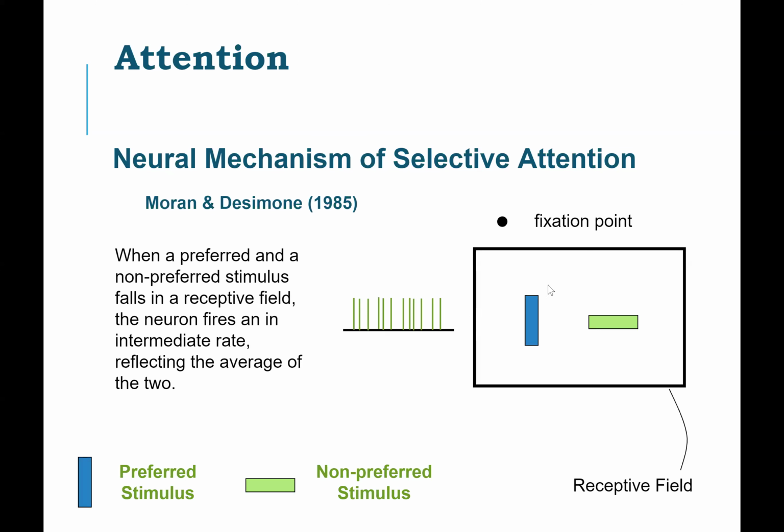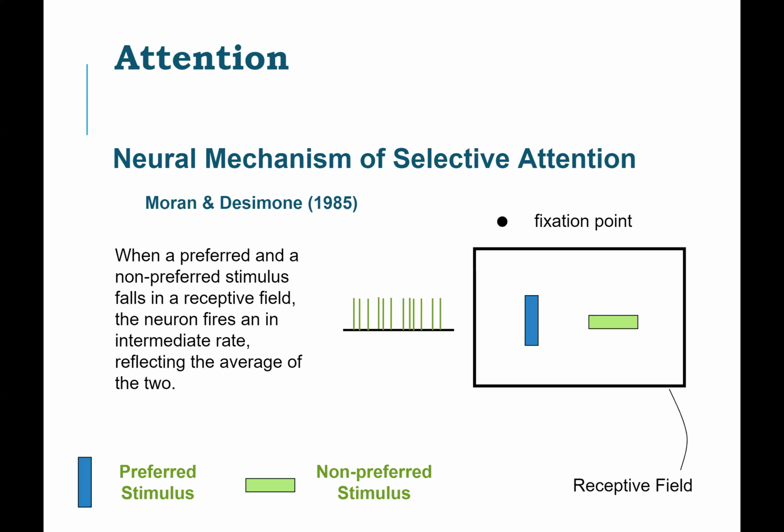Now, if the monkey is instructed to attend, not look, because looking requires you to move your eye to some extent, if the monkey is instructed to attend covertly to the blue bar here. Attending covertly, and we're going to get into it maybe next week a little more, means that you're not moving your eye, right?